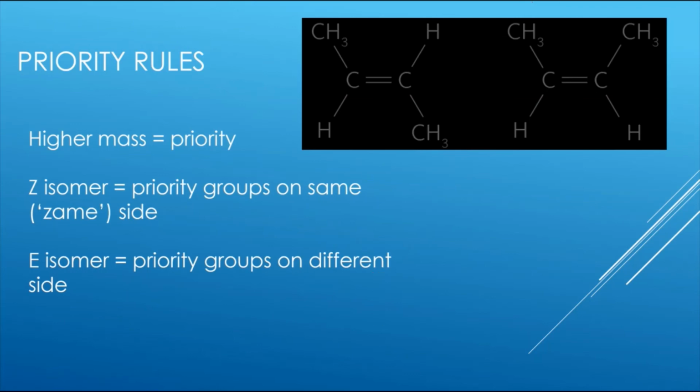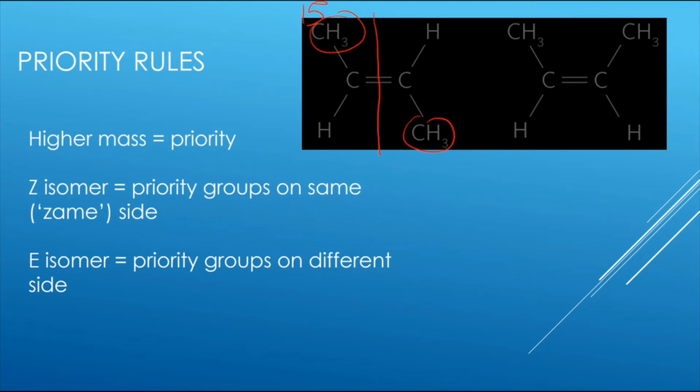If we take butene as an example, we're looking at the carbon-carbon double bond, and we look at the priority groups around that double bond. In this case, this is the priority group as it has an Mr of 15, and this is the priority group on this side.